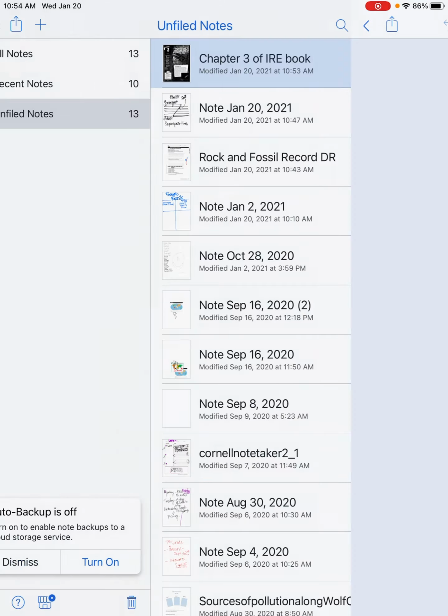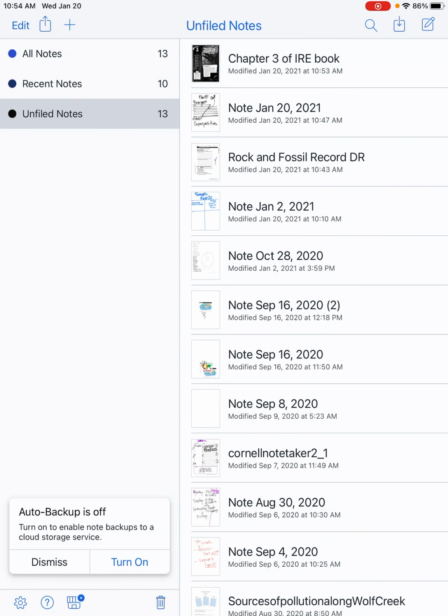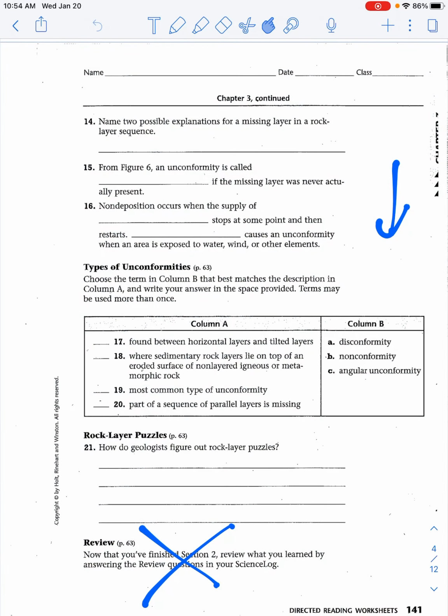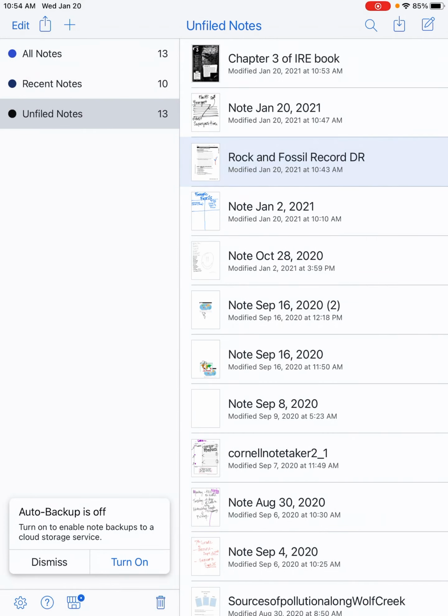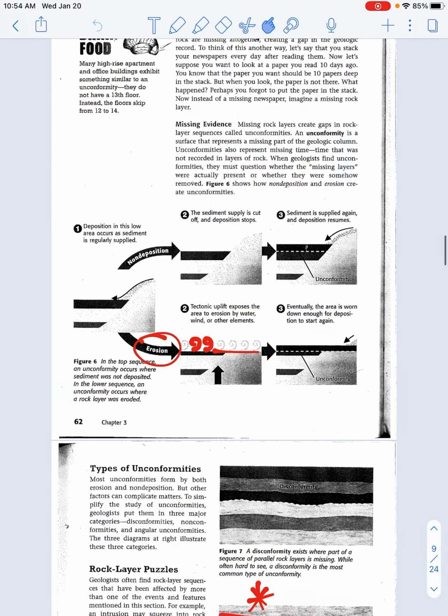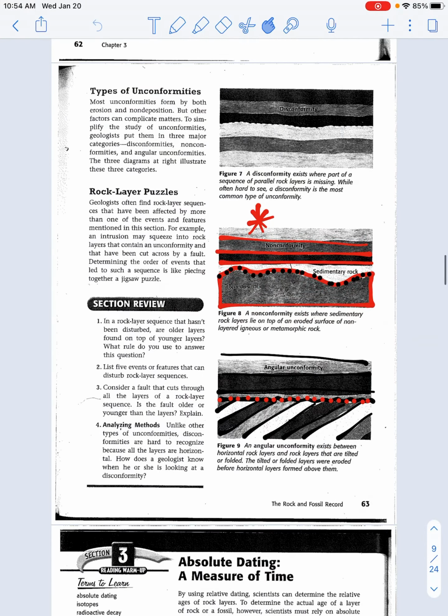Page 62. And then if you go back, number 15, an unconformity is called, and you can look on this page right here, types of unconformities, to get that answer.